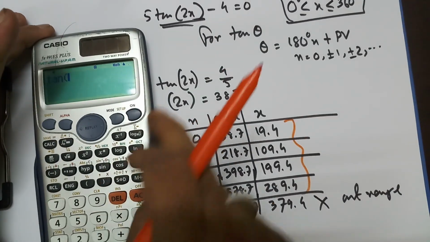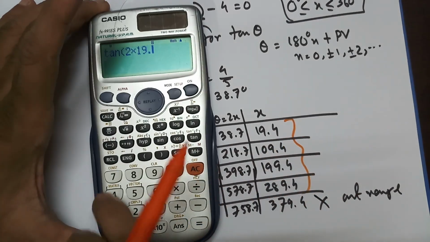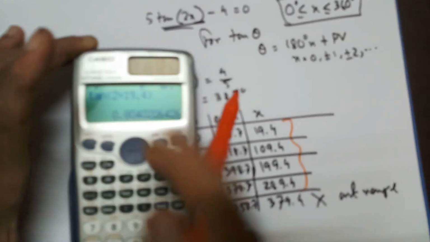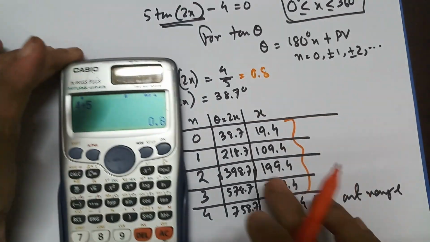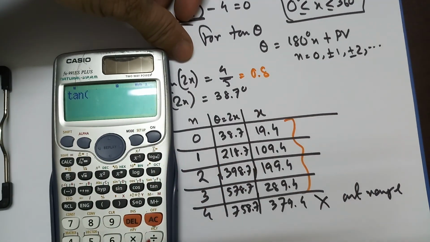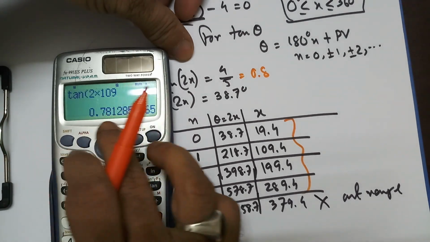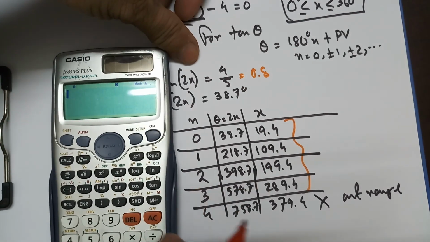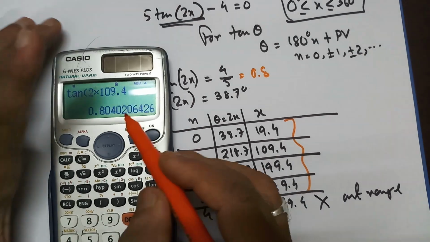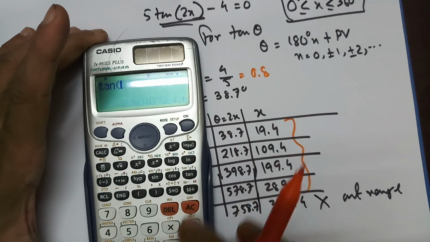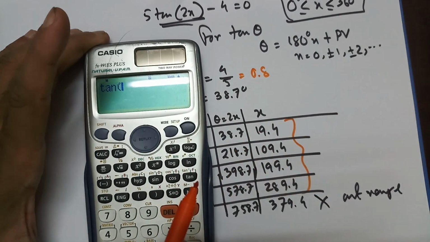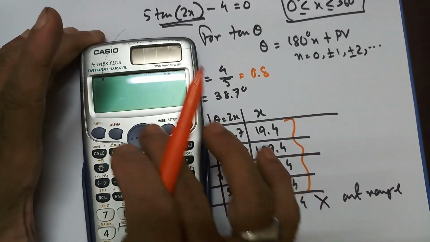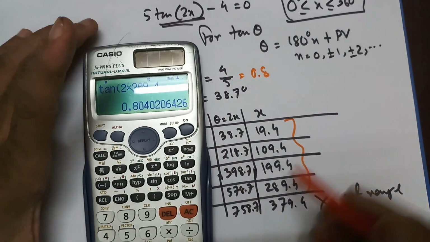Tan of 2 times 19.4 gives me 0.8, and 4 by 5 is 0.8. Tan of 2 times 109.4 is also 0.80. Tan of 2 times 199.4 is 0.80. Tan of 2 times 289.4 is also 0.80. So that's it, that's 4.